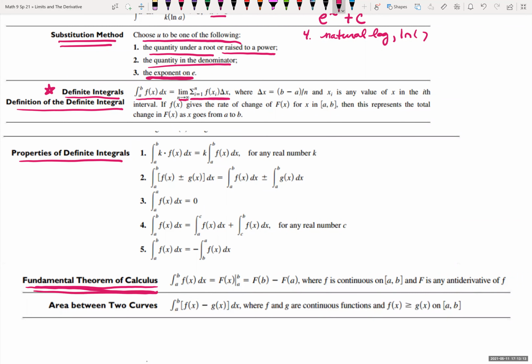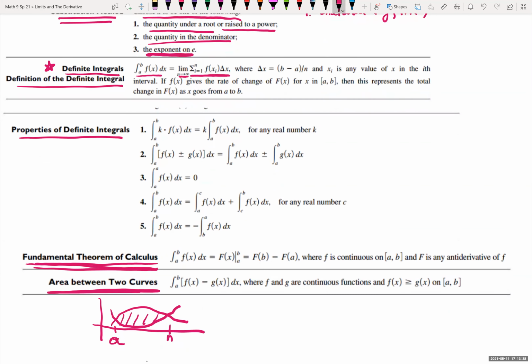Okay, last one in this chapter was the area bounded between two curves. And so if we wanted to find the area bounded between two curves, we had to recognize which curve was on top and which curve was on the bottom. So if we were looking at this area in between here, and this was from a to b, we had to look at which function lay on top.